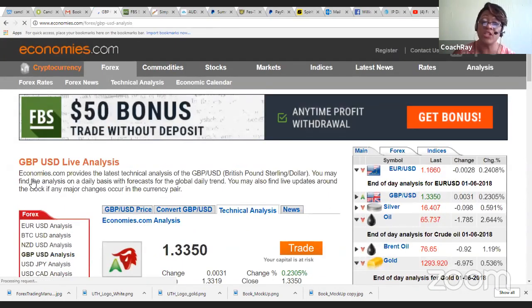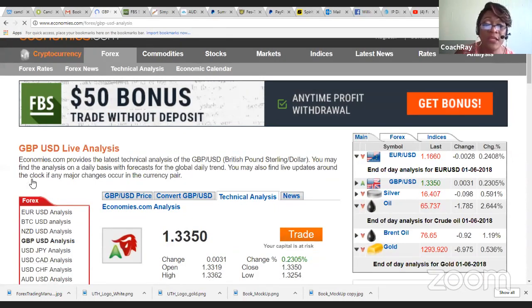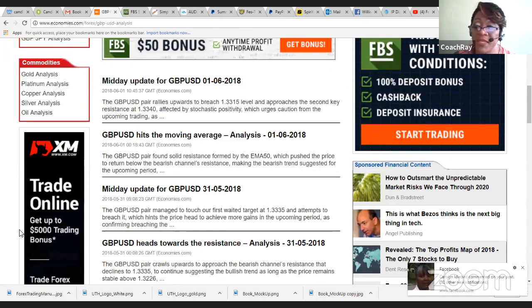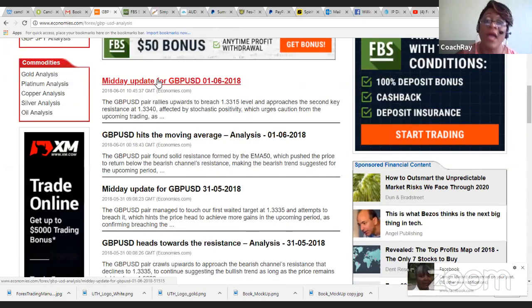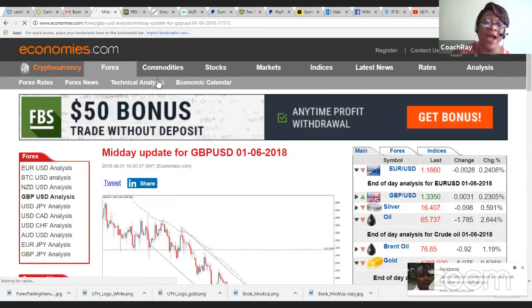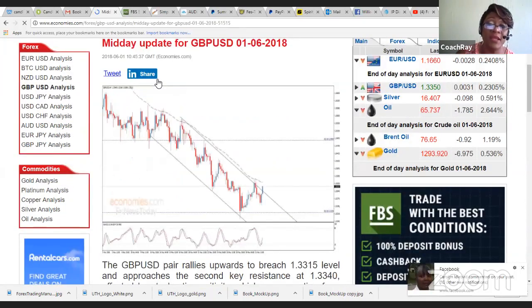Let me tell you. Okay, so I look at the technicals on GBP USD, and this was midday on Friday. Now, let me show you, because there's some news going to be coming out in the early morning that tells me a little bit more. So this was Friday, midday Friday. What happened with GBP?